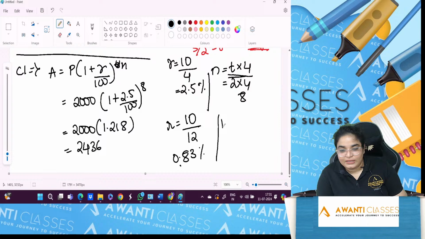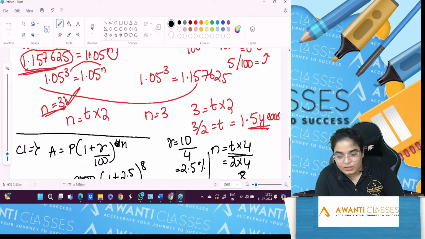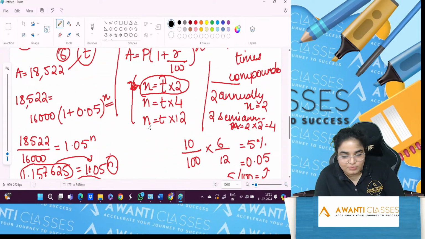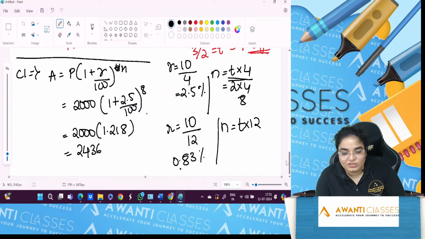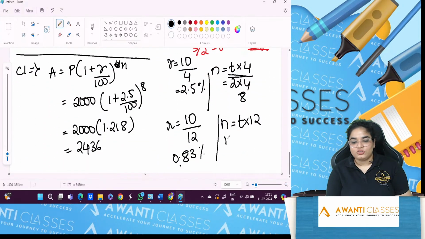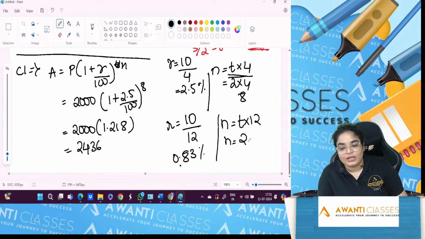Similarly, when it is monthly, n is t into 12. T is 2 years, so n is 2 into 12, which is 24.